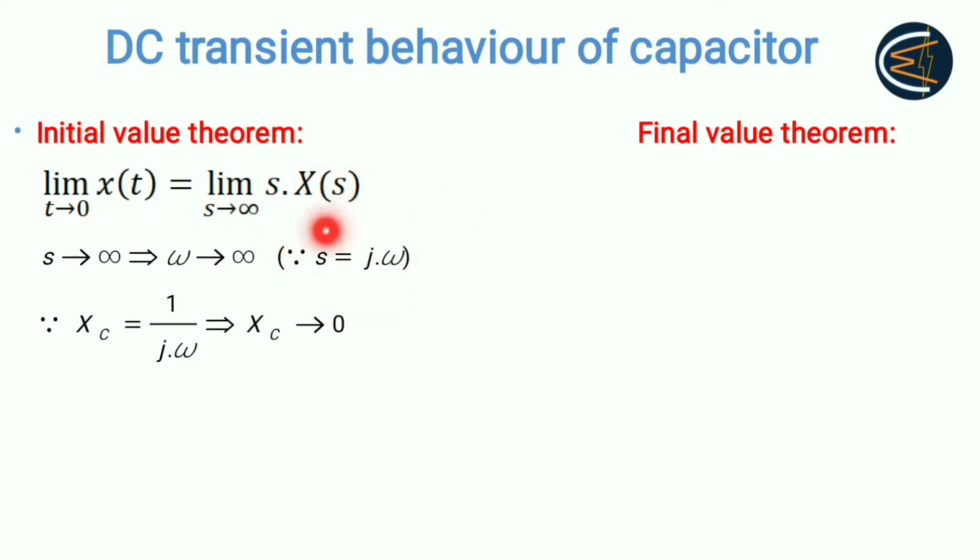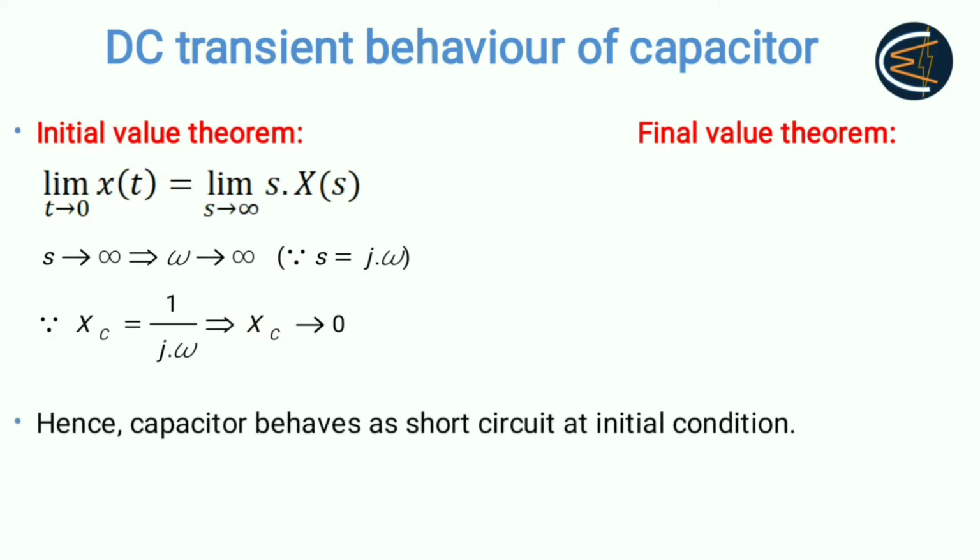So based on this fact, we can say omega is also tending towards infinity when s tends to infinity. That is why Xc, that means the capacitive reactance, is tending towards 0 at the initial condition. What does that mean? It means the capacitor behaves as a short circuit at the initial condition. Why? Because the capacitive reactance is 0. That means it is behaving as a short-circuited path, right?